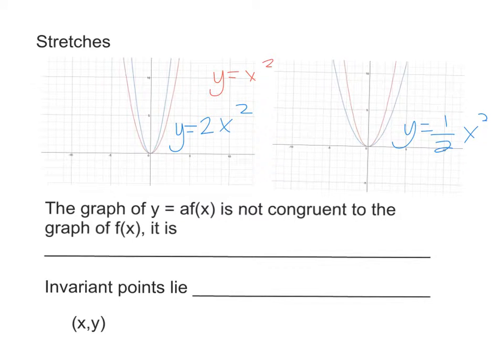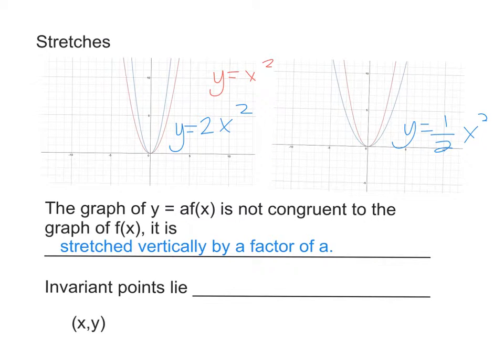So what are we going to put in here? The graph of y equals a times f of x is not congruent to the graph of f of x. It is stretched vertically by a factor of a. So if a is 2, it's stretched to 2 times its vertical size. If a is 1/2, it's stretched to half its vertical size.